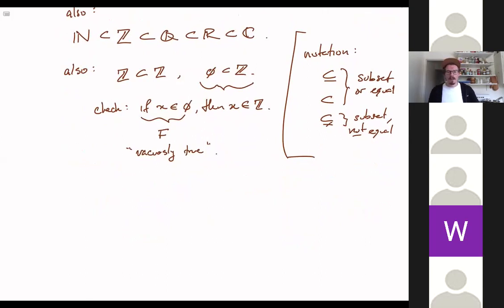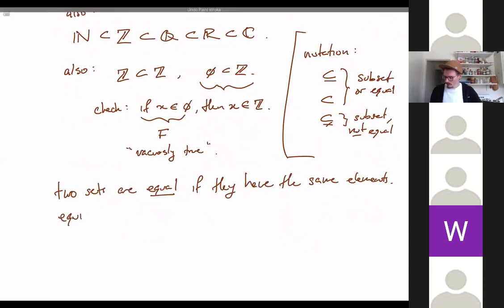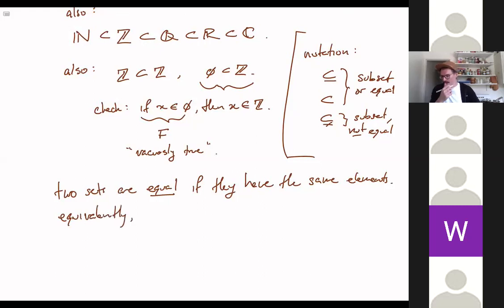Now, maybe this is obvious, but I just want to say it anyway. Two sets are equal if they have exactly the same elements. Or equivalently, we can also write this as they are both contained in each other.